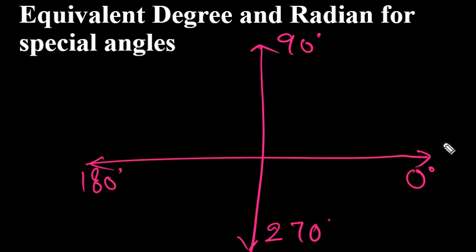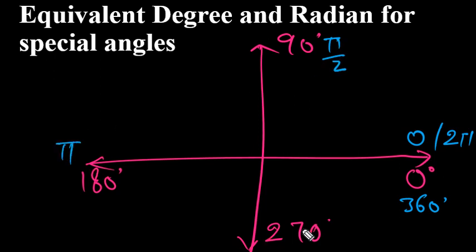In pi, obviously this is 0 or 360 degrees, so this will be 0 or 2 pi. This will be pi over 2, this will give you pi, and this will give you 3 pi over 2. So at least remember these four.